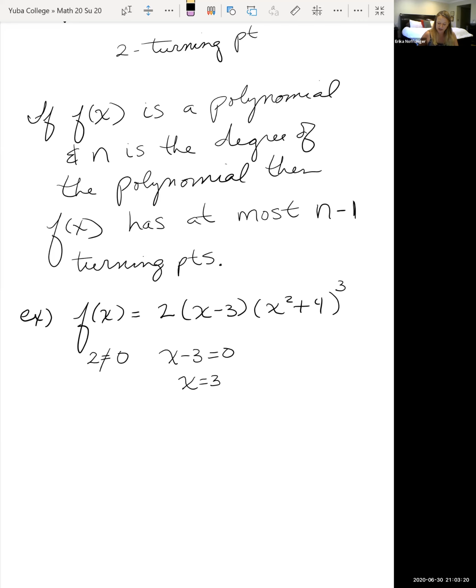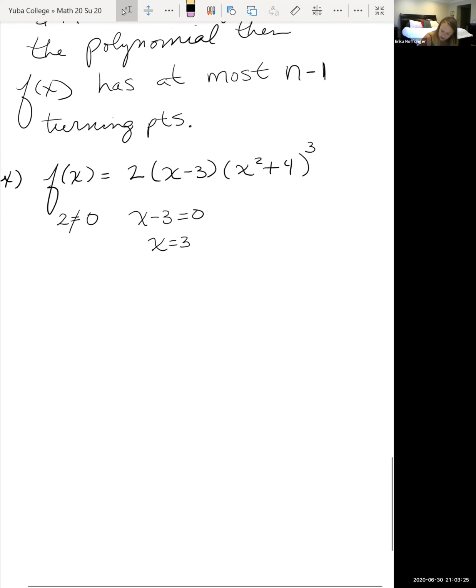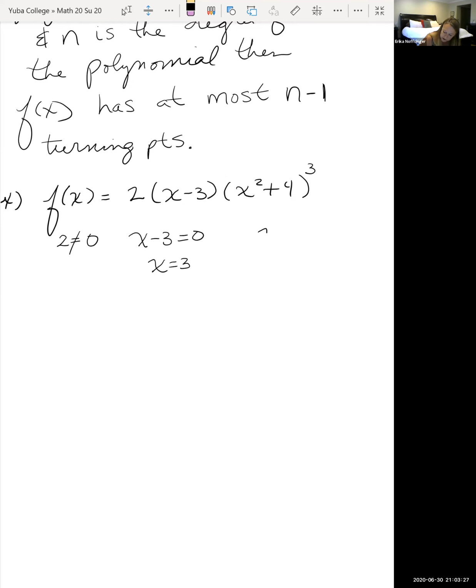And we can show that by looking at when x squared plus 4 is equal to 0. If I subtract 4 on both sides, or I can use the quadratic formula, but I'm going to use my square root method. Taking the square root of both sides, the square root of negative 4 is plus or minus 2i.